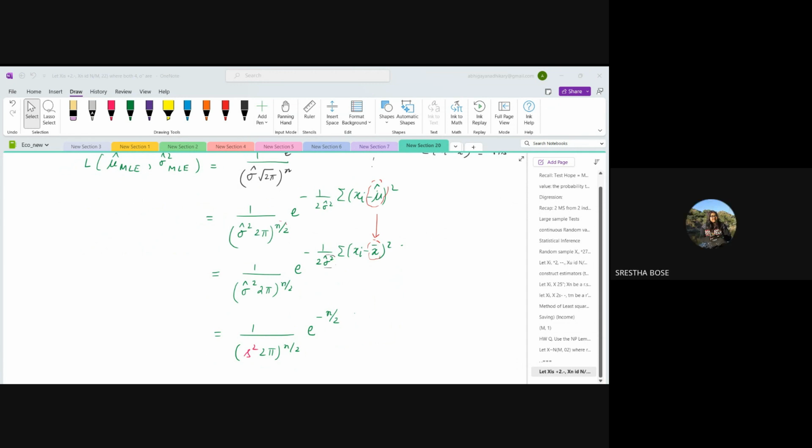Yes. Okay, so what is this? This is the maximized value of the likelihood function, right? Under general conditions.